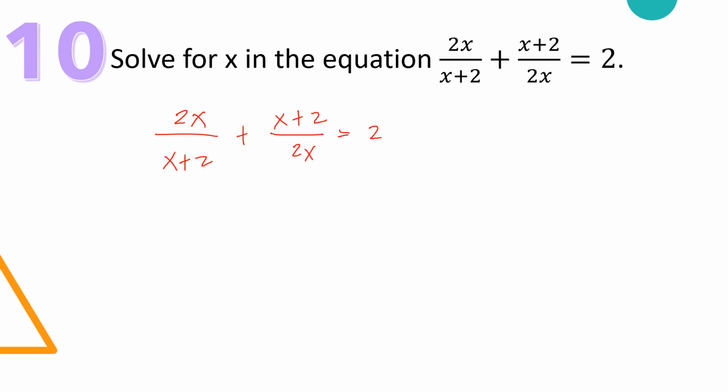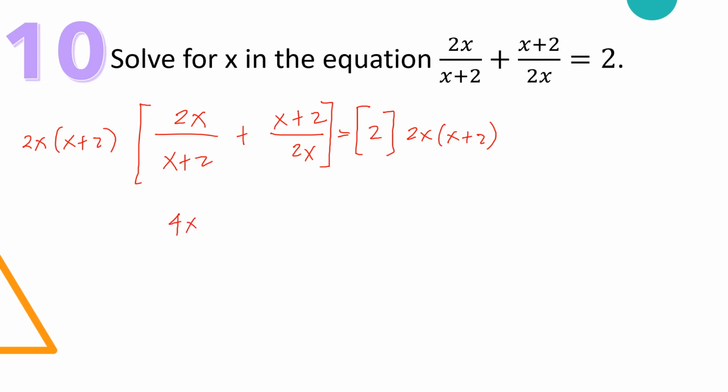Multiplying all terms of the equation by the LCD of the fractional term, that is 2x times x plus 2. In the first term, x plus 2 cancels, so we have 4x squared.